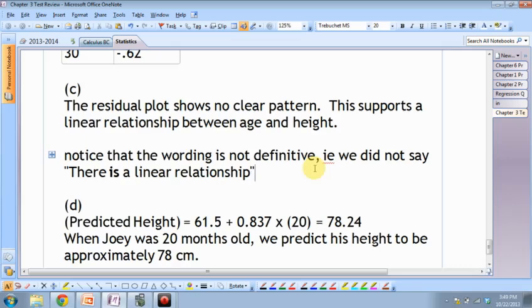All we can really say is the data supports a linear relationship or the data doesn't support a linear relationship. We have no idea what the actual relationship is. It's kind of one of those hard things to get across. The data either supports the model or it doesn't. So it's important not to be too strong with your wording.